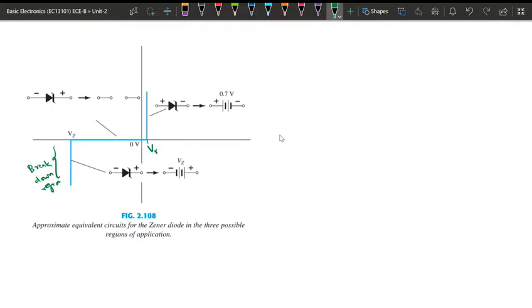This type of analysis is used to make a Zener diode work as a voltage regulator circuit. Once it is in the breakdown region, it has a constant voltage source. So voltage is constant, but current is increasing. There will be a minimum current and a maximum current.